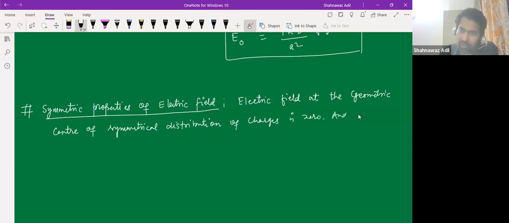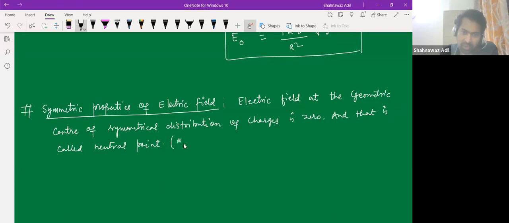And that is called a neutral point. So a neutral point is that point where electric field is 0, right?